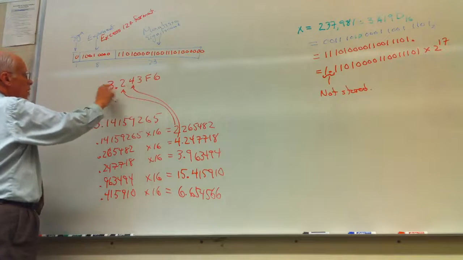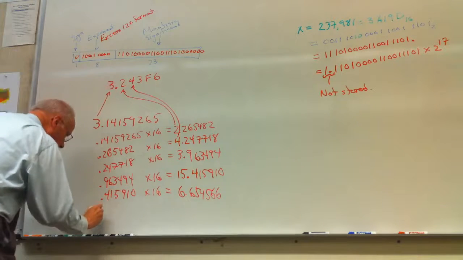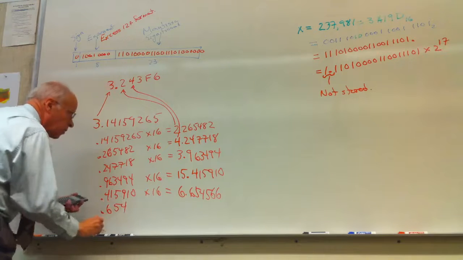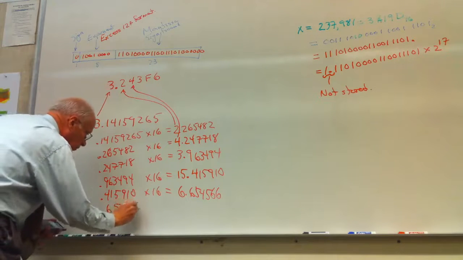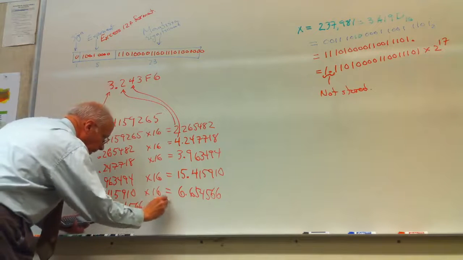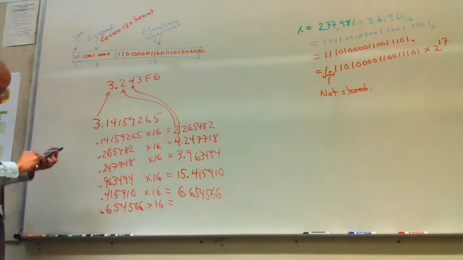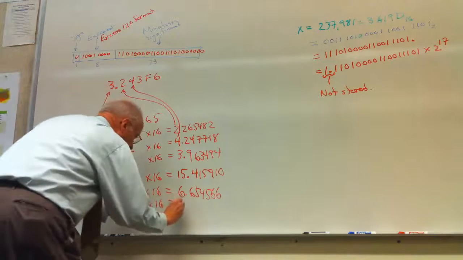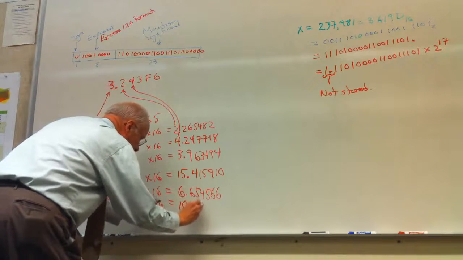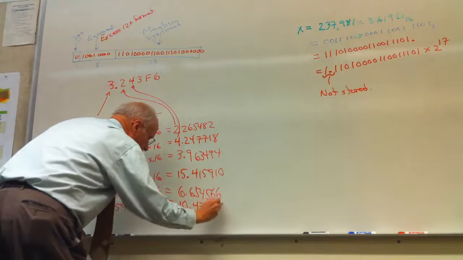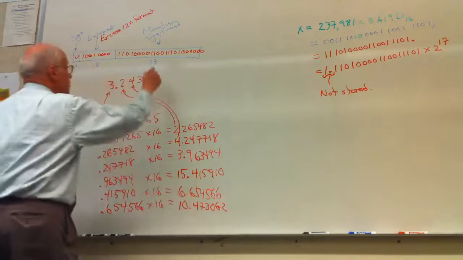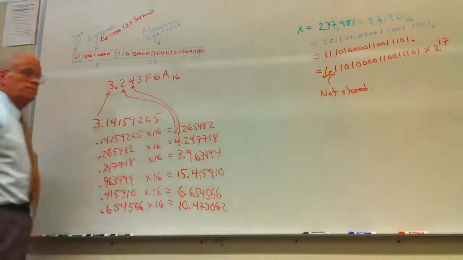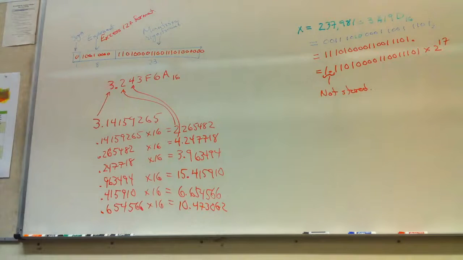1, 2, 3, 4, 5, 6. I need one more. So I have 6, 5, 4, 5, 6, 6. All I want is the 10A in hexadecimal.